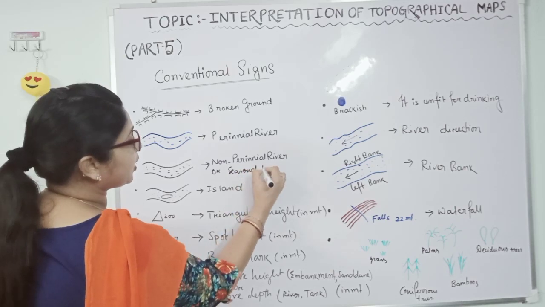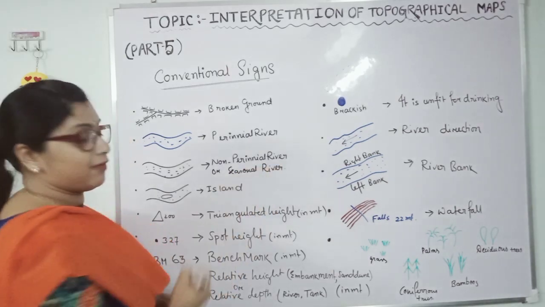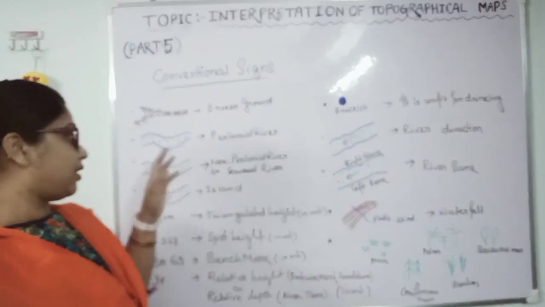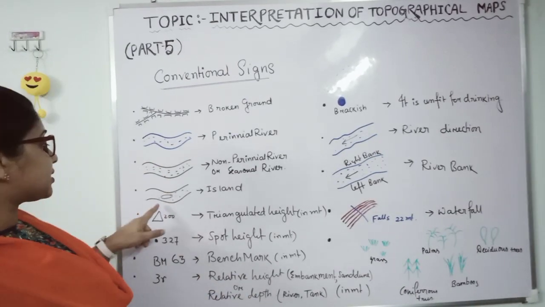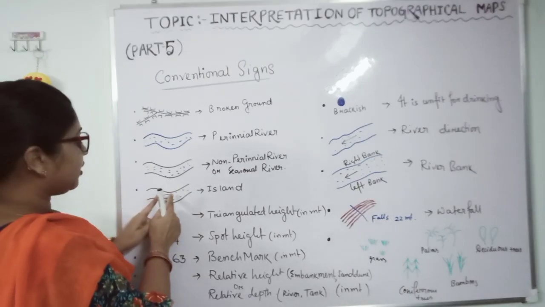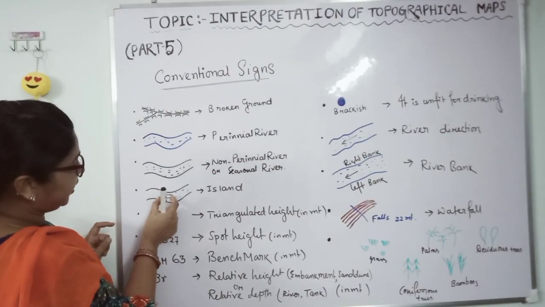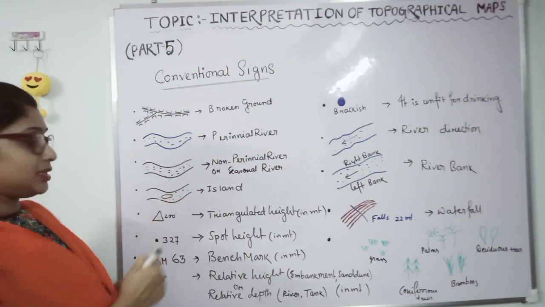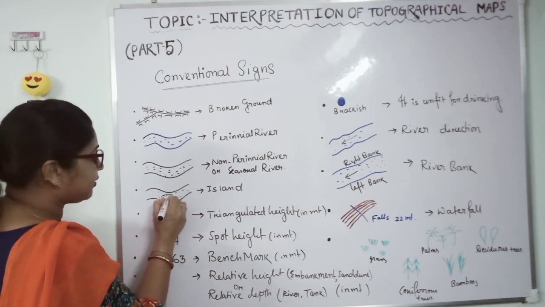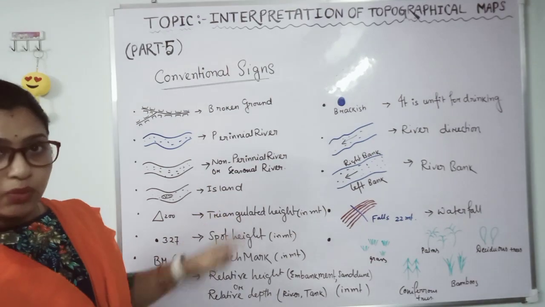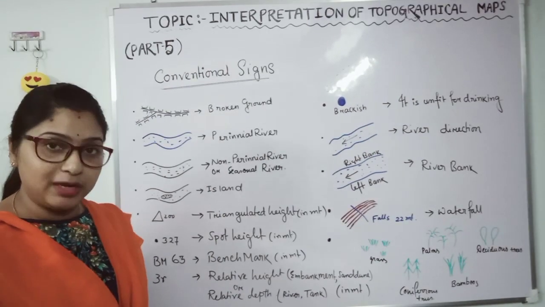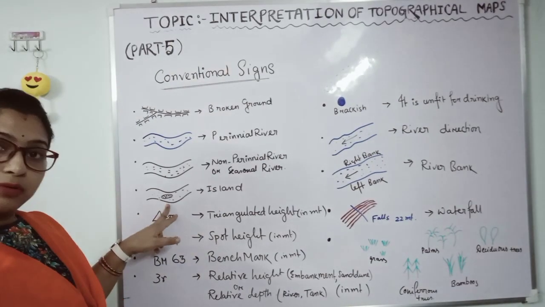It means that whenever there is rainfall, the river gets water, and the rest of the time it will be dry. Next, a river, and within the river a place which has basically no cultivation, nothing there, is known as an island. Due to the deposition of different sediments it formed within that river.